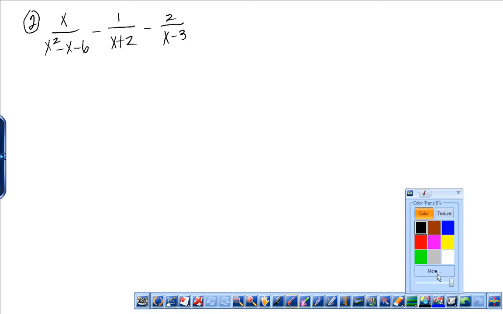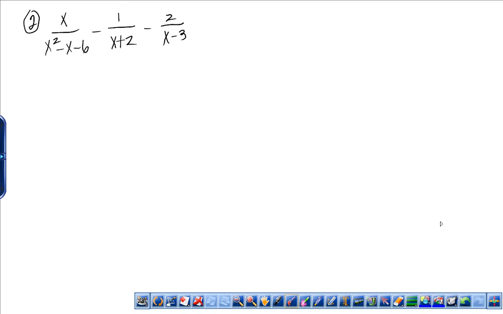Okay, the first step that you need to do always is to see if you can factor anything. So this trinomial down here looks like it can factor to x plus 2 times x minus 3. Most of the time it's going to factor to the denominators that are there, but always double check, because it may not happen that way.